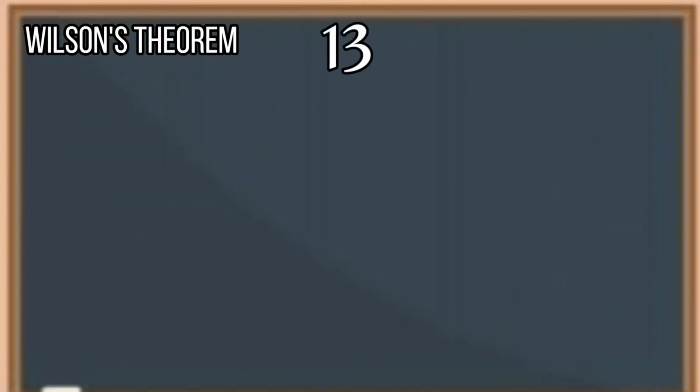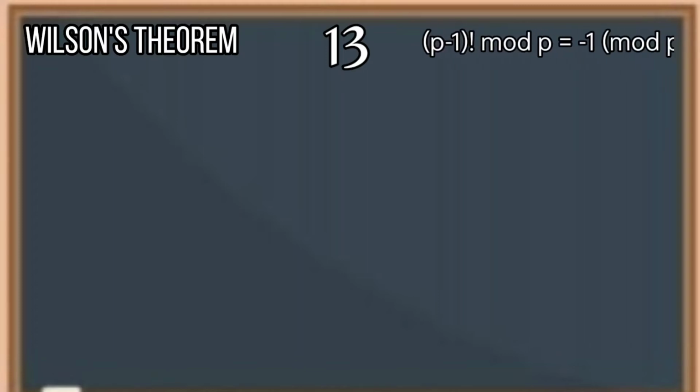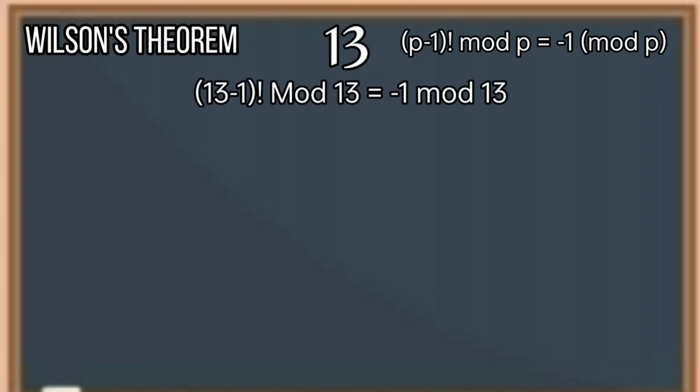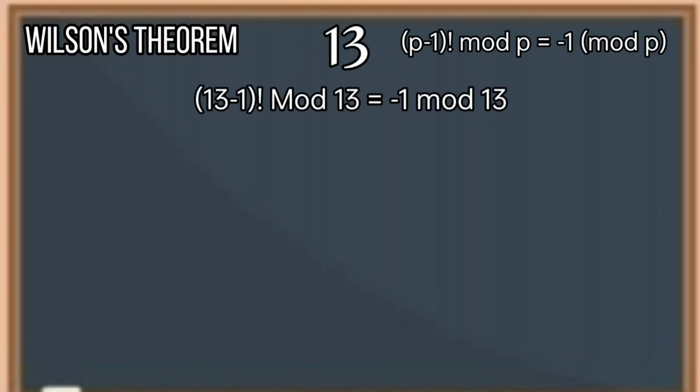So let's take 13 as our next example and let's substitute it into our given formula, which is (p minus 1) factorial modulo p is equal to negative 1 modulo p. 13 minus 1 factorial modulo 13 is equal to negative 1 modulo 13. 13 minus 1 factorial is equal to 12 factorial.